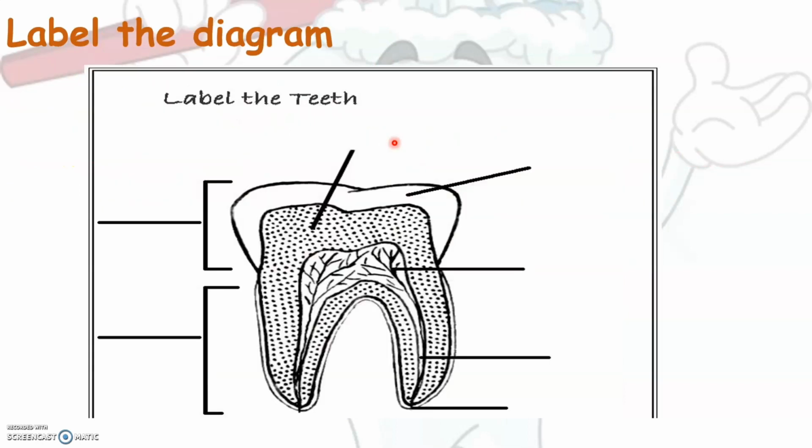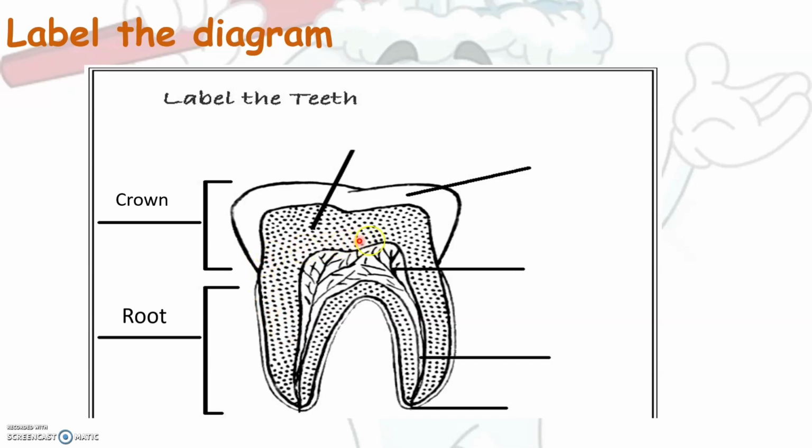Now to the next question. Can you label this diagram? Yes, let us see that. We already know that the part of the tooth that is visible is called the crown, and the part of the tooth that is inside the gums is called the root.